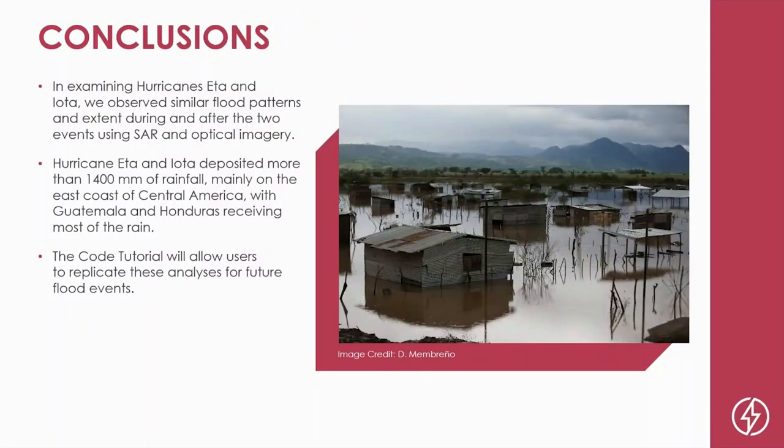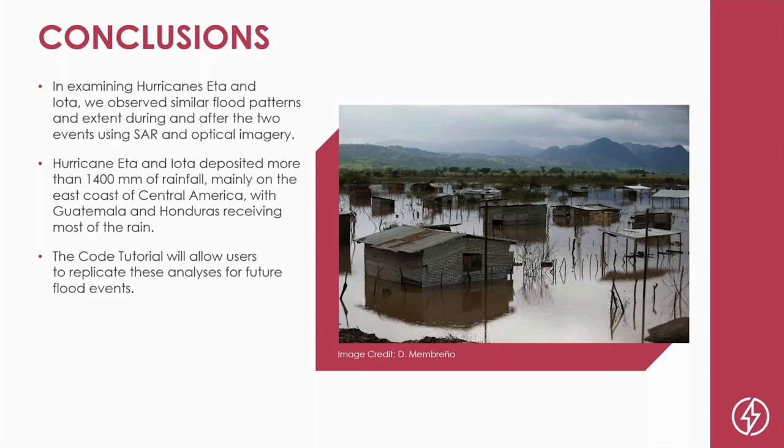So to conclude, the application of HydroFloods for flood monitoring efforts, and through this case study analysis of examining Central American flood extent maps following Hurricanes Eta and Iota, we observed similar flood patterns and extent during and after the two events using both SAR and optical imagery. Again, HydroFloods provides several Earth observations, either SAR or optical, and can be used for your analyses in your study area of interest.